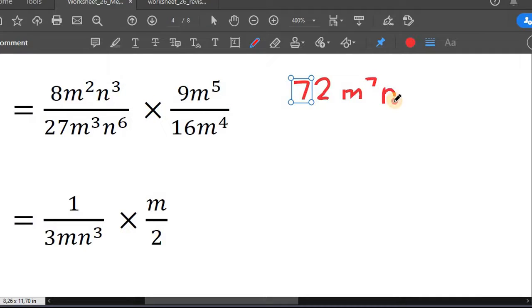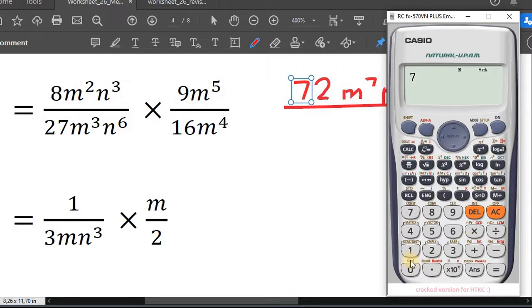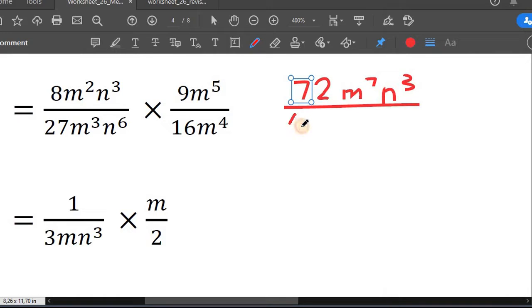Then we've got n, no other n's there, so n to the power 3, all over 27 times 16, sorry, I said 27, 4 3 2, and then without m's, 3 plus 4, 7, okay, n no partner, n to power 6.